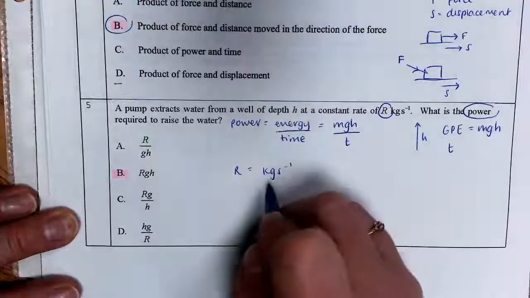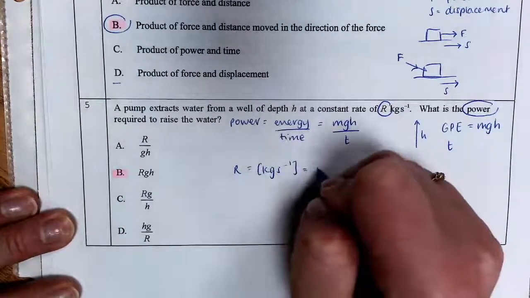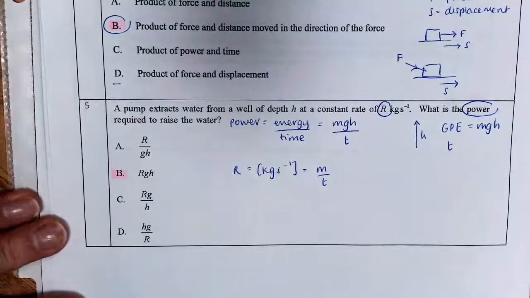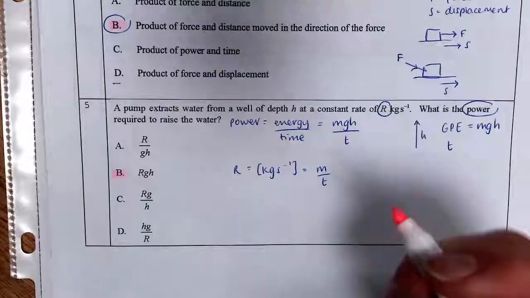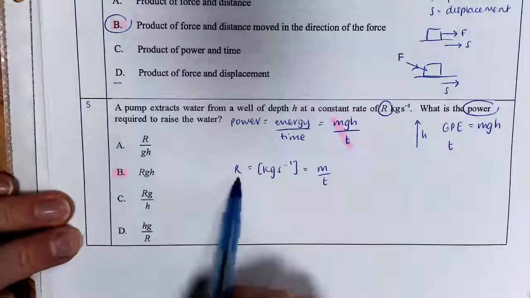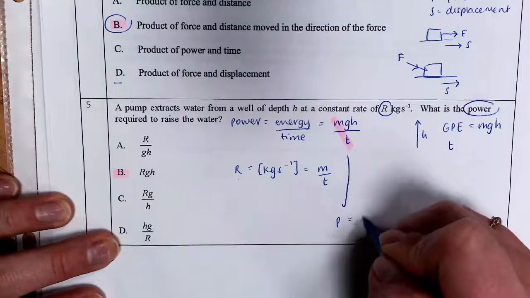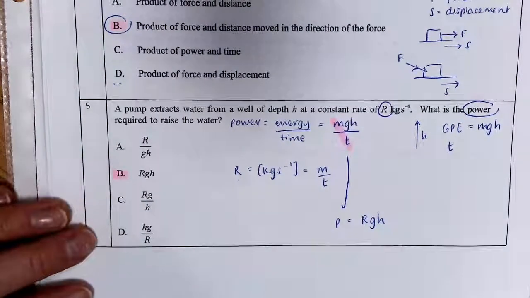So to calculate R, we must have found that from taking the mass and dividing by the time. So hopefully you can see now that if I highlight m over T in my power equation, I can replace it with R. So I can say power is equal to RGH, and that gets me B.